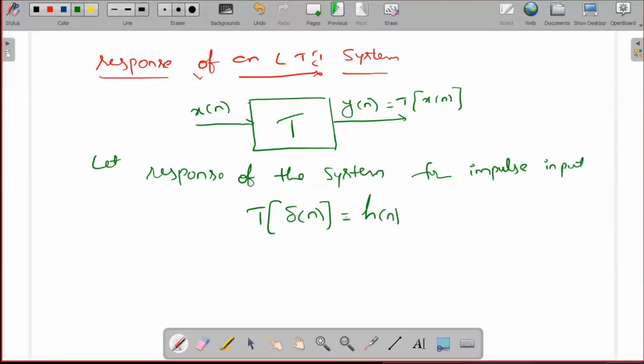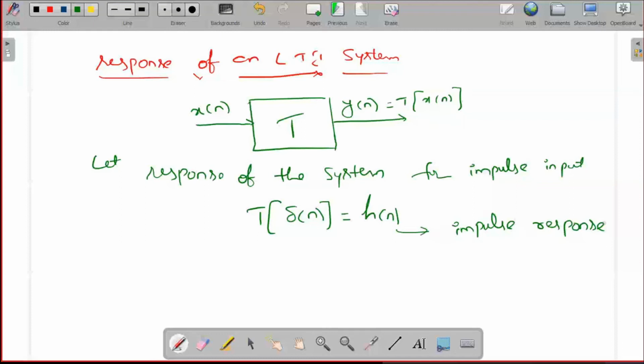Throughout the course, in all five units, you will find h of n is by default the impulse response. X of n is always used to denote your input signal, y of n is always used to denote your output signal, and h of n is always for the impulse response. Okay, this we call the impulse response.